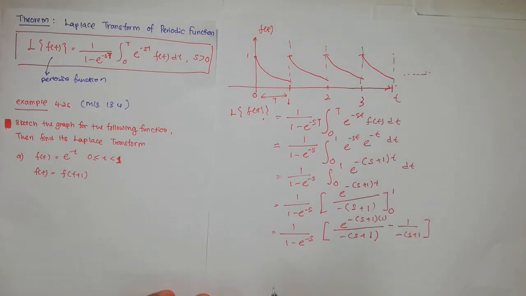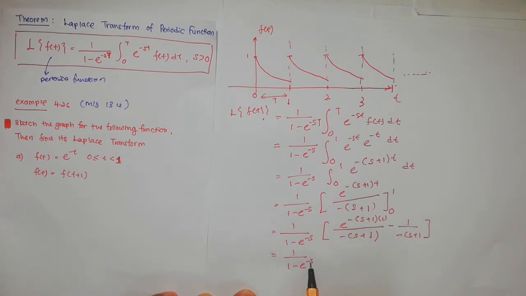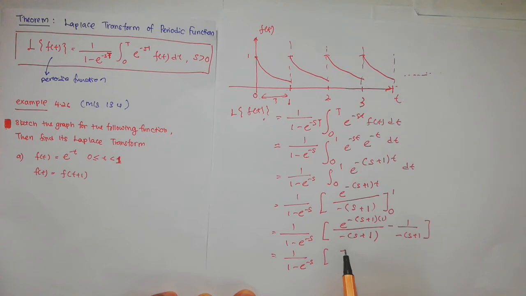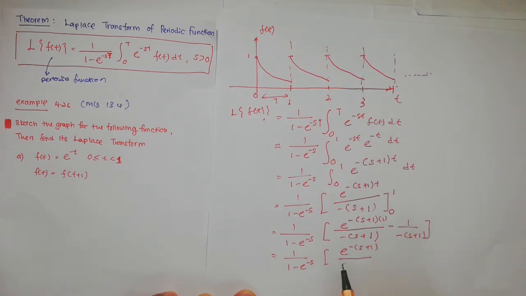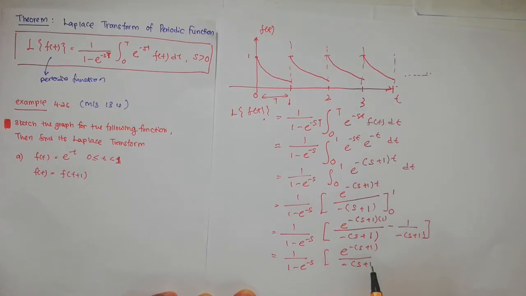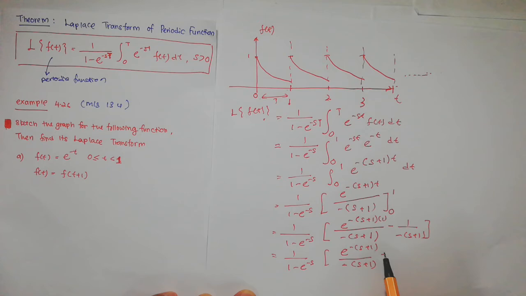So this will be equal to 1 over 1 minus exponent negative s, and we have exponent negative (s plus 1) divided by negative (s plus 1), and then the negative and negative become positive.